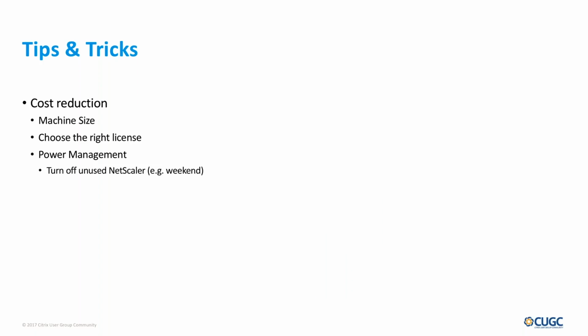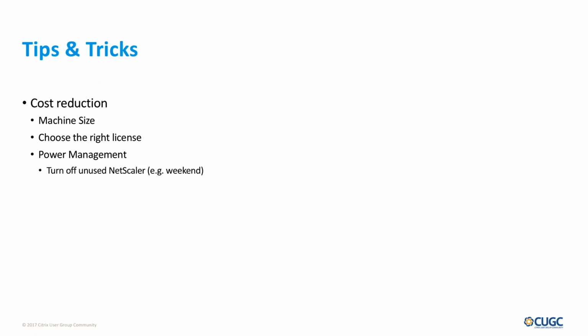Another point is to think about cost reduction. Which machine size do you really need? If you have only a few users, a single core machine with only 4 gig RAM will maybe be enough. If you need more users, you need a bigger machine, and this is the cost you can reduce if you use the right machine size.